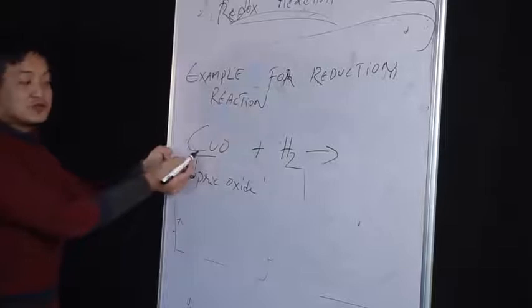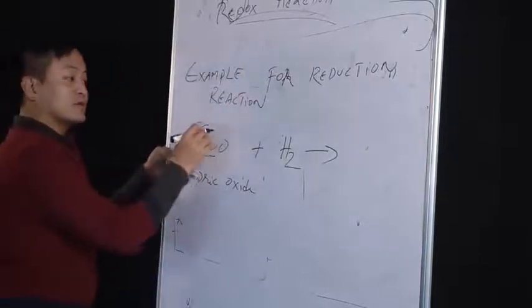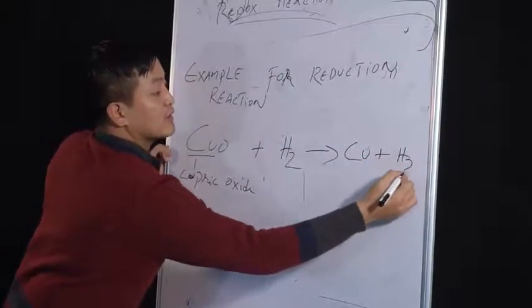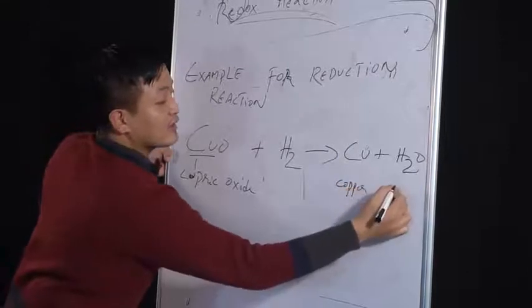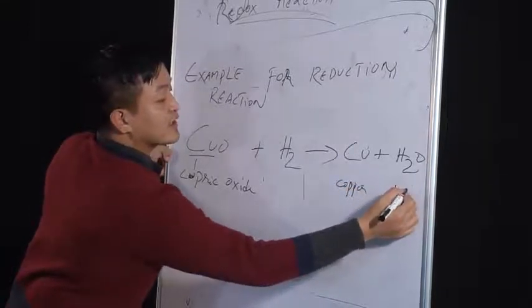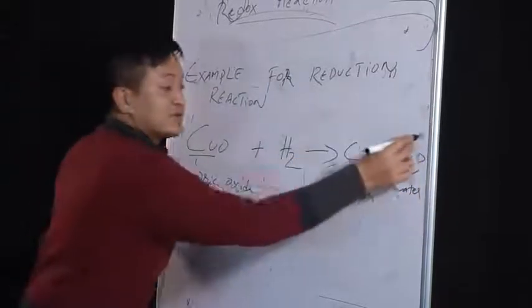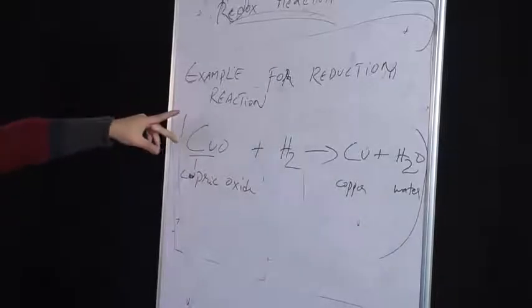So here we see copper and oxygen together. Now we have copper here and we have water here. So this is a very simple example, a chemical equation for reduction reaction.